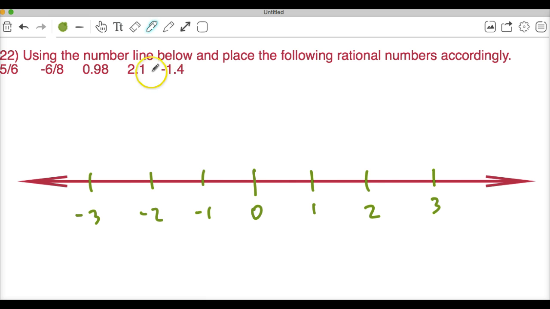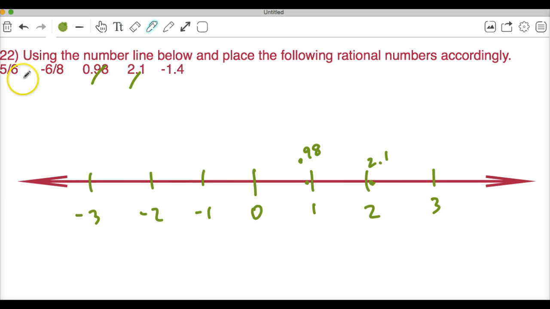And I can go ahead and place 2.1 pretty close to this one. So that'll be 2.1. 98/100 is almost 1 whole. It's 98 pennies, so I'm going to put it right there. So that's 98/100.